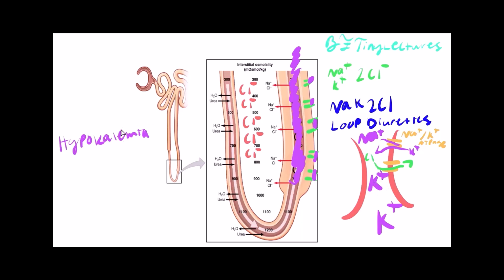So that leads to hypokalemia because you have 3 sodium that goes into the blood, and you have 2 potassium that is leaving the blood to enter the filtrate, and that is per every ATP. So 3, 2, 1 ATP. And it is this loss that leads to hypokalemia.